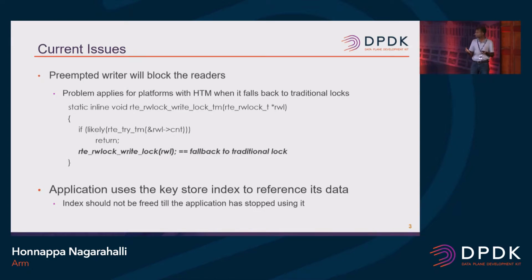So what that means is the index should not be freed unless the application has said that, hey, I'm not using this index anymore. Today, that's not possible. The RTE hash library goes ahead and frees that index. Then another writer can come in and allocate that index again. So this is a subtle problem, and the patch in 1808 does not address this.